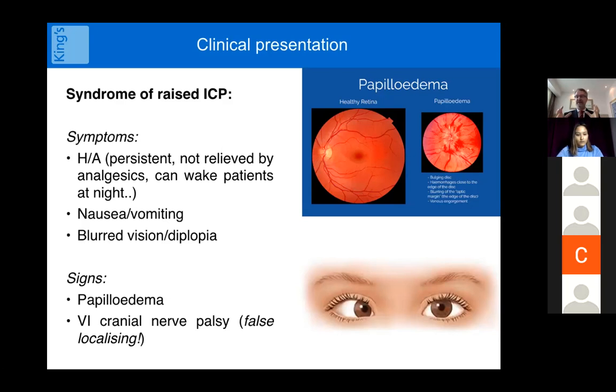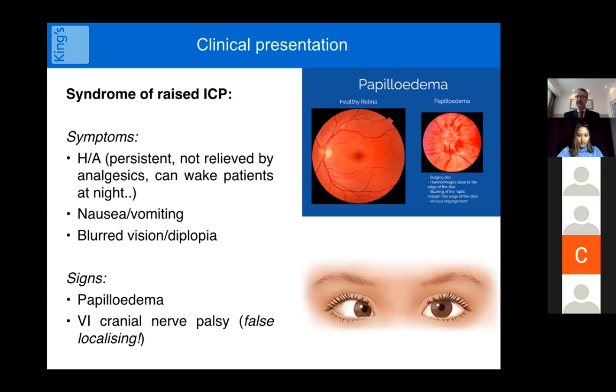And you know that the brain is a closed box, the skull is a closed box, so any tumor or any mass developing and increasing inside the brain will lead to a raise in the intracranial pressure. So it's very important that you familiarize yourself with the symptoms in order to be able to screen patients.